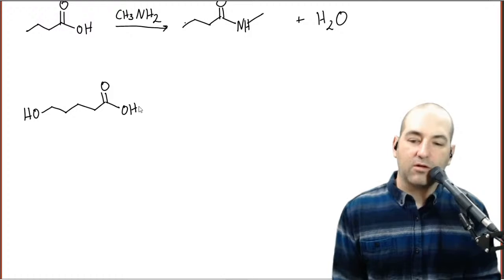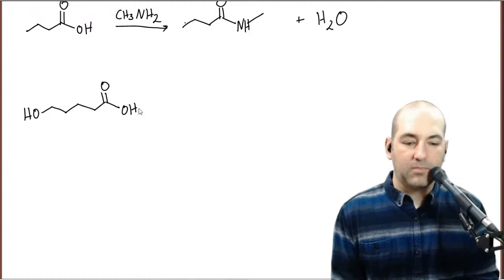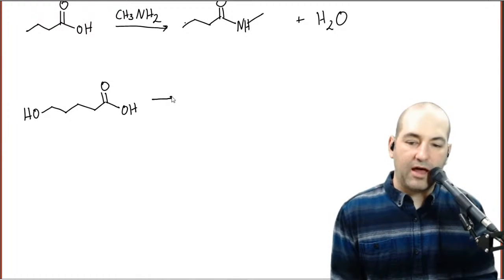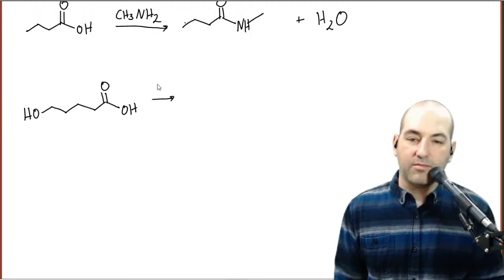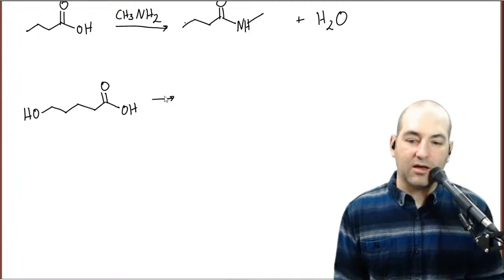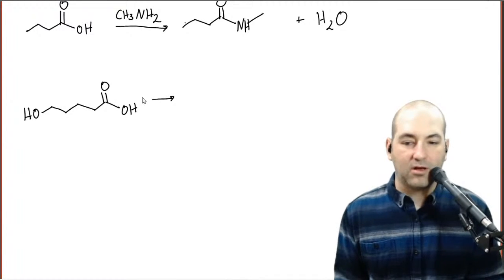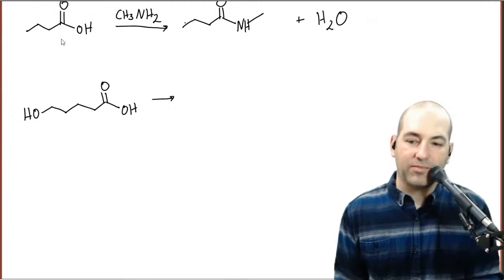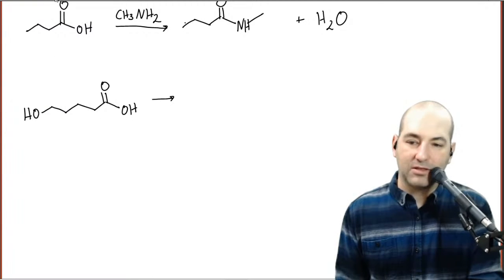So we can take a molecule like this, and if you heat this up with a little acid, there's no other molecule around, but this can actually react with itself. So we can take this carboxylic acid and this alcohol and think about what happens when we lose water there.